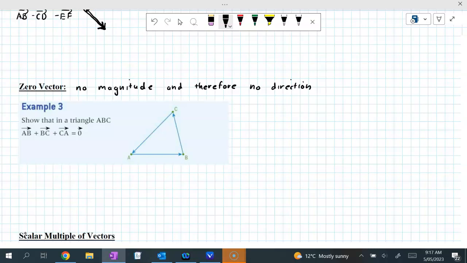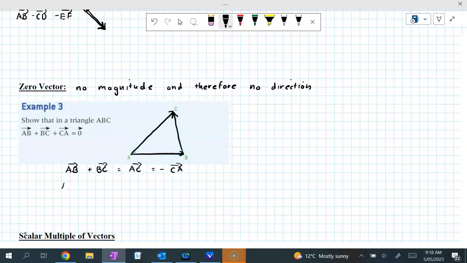So show that in a triangle ABC, AB plus BC plus CA equals 0. Well, if I look at that, if I do AB plus BC, then the addition of those two is from A to C. So AB plus BC is equal to AC, which is the negative of CA.